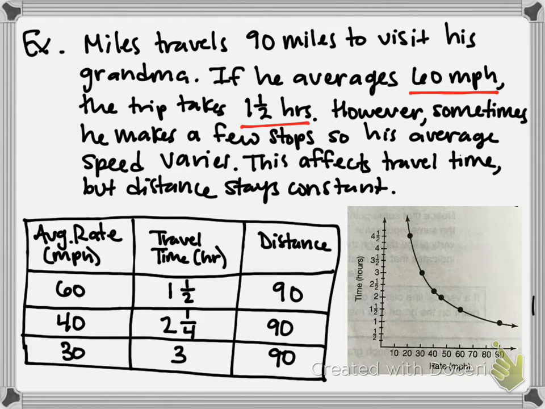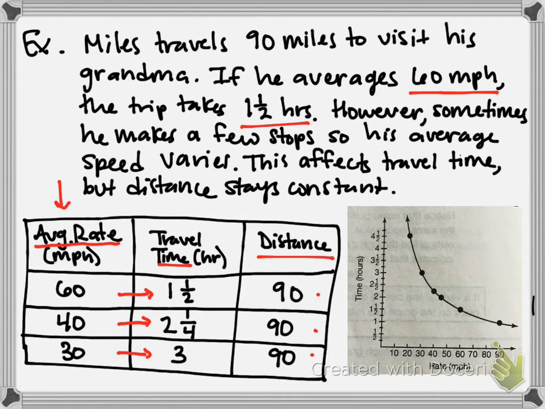So if we look at our chart here, our distance is always 90 because we're going to the same place every time. But our average rate changes the time it takes us to travel. If he's going 60 miles an hour, it takes him an hour and a half. If he's going 40 miles an hour, it takes him 2.25 hours. If he's going 30 miles an hour, it takes him 3.